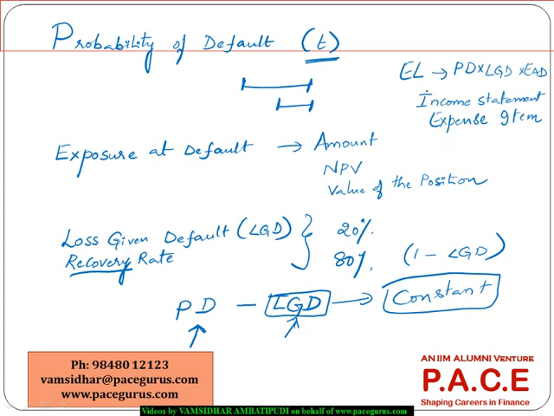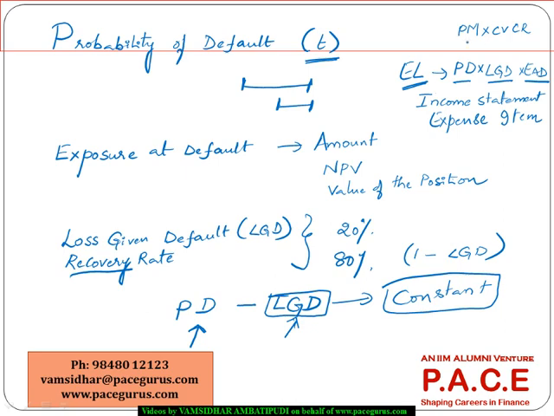So this expected loss is purely when we are talking about probability of default, loss given default, and exposure at default; the multiplication of them is the expected loss. And in case we are trying to get different expected losses, for example, let's say I am having a probability of a credit rating change multiplied by the change in value because of credit ratings.